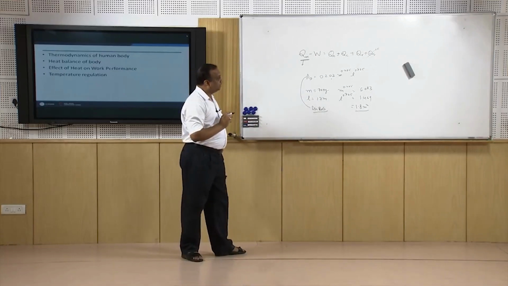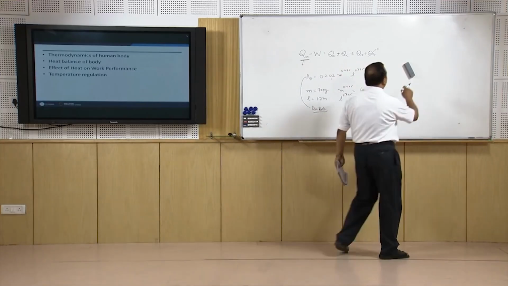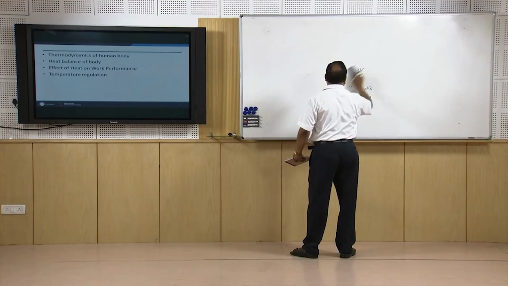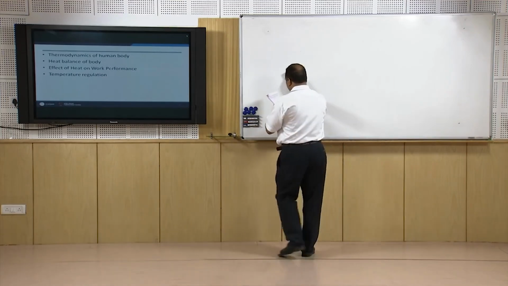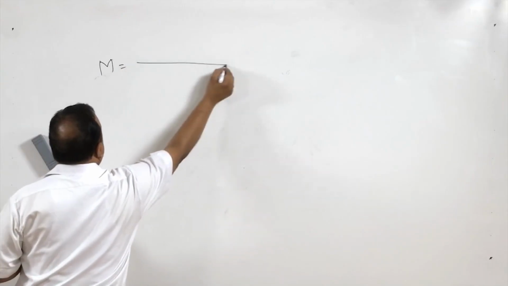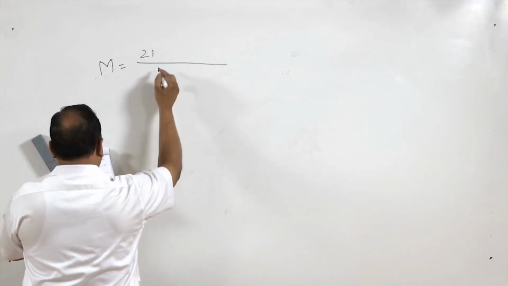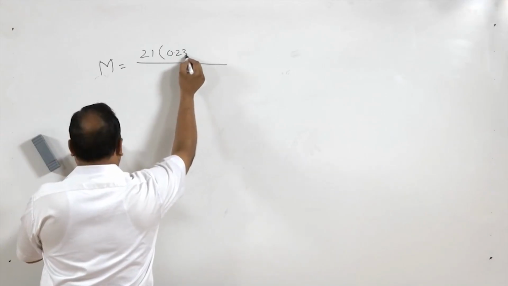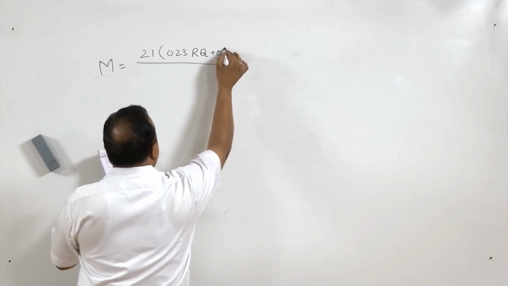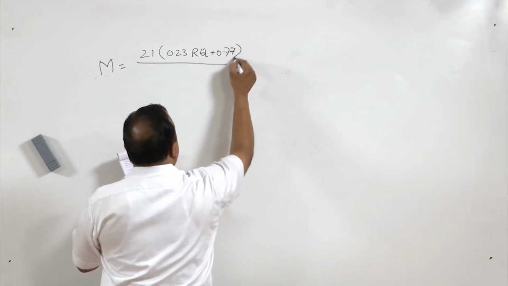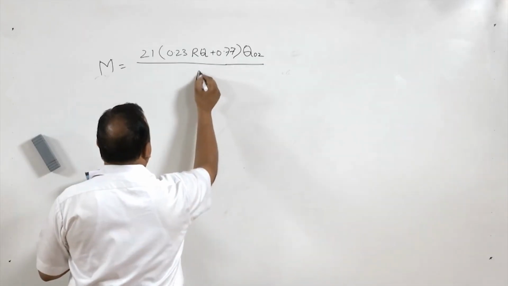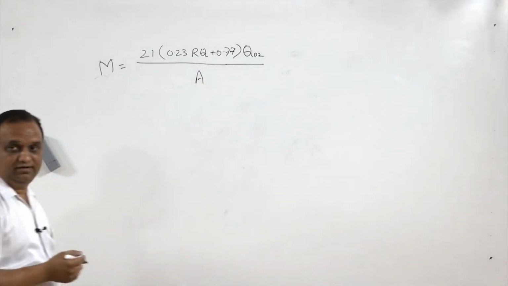Similarly, metabolic rate also you can calculate. Metabolic rate for yourself you can also calculate by using the equation metabolic rate M is equal to 21 (0.23 RQ plus 0.77) QO2 divided by A. Now you have the area, right?